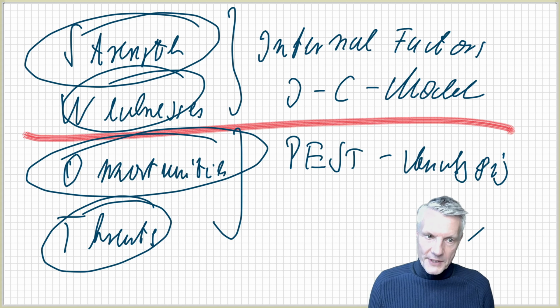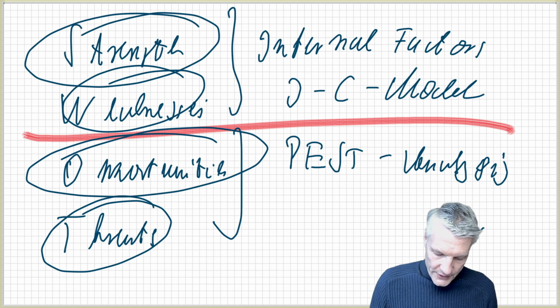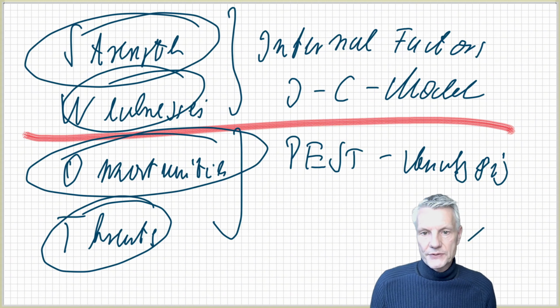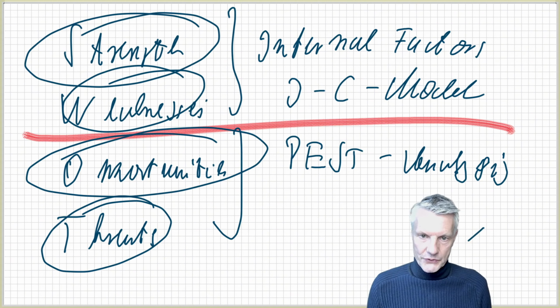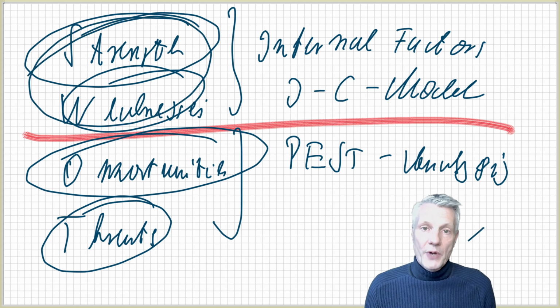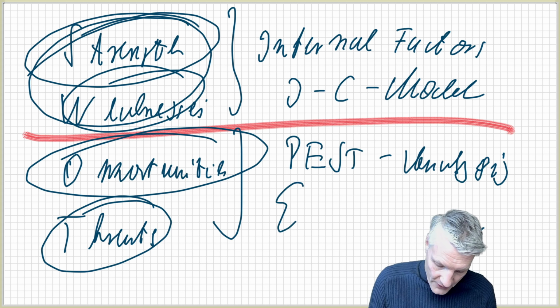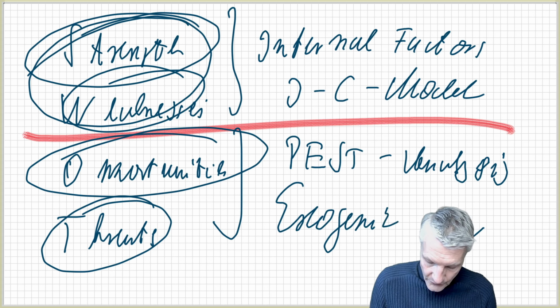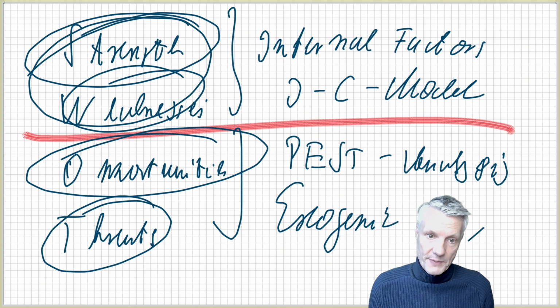So we are listing strengths, weaknesses, opportunities, and threats in the SWOT analysis. Whereas, I say it again, the strengths and weaknesses are coming from the competitive triangle, whereas the opportunities and threats are coming from the PEST analysis, from the macro analysis. They are always exogenous factors. They cannot be influenced by the company.